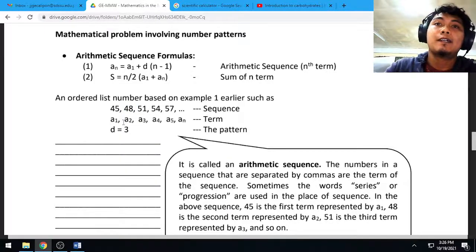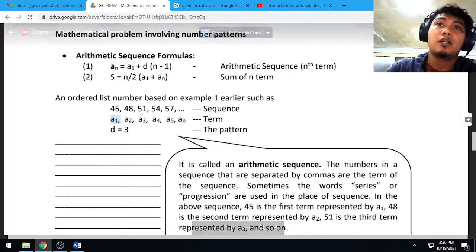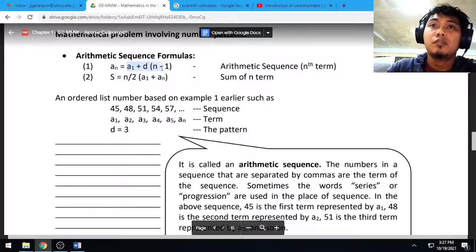Para maging universal yung formula natin, nilalagyan natin ng variable. Yung variable is representative lang siya nung term, or pwede rin representative ng formula. So parang ganito, AN is equals to this.